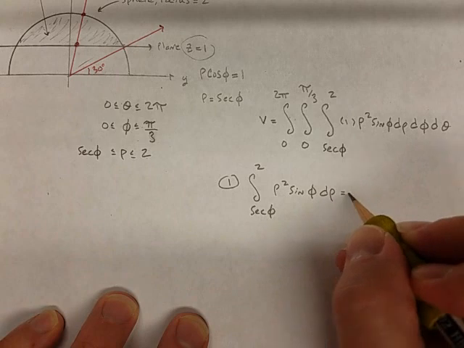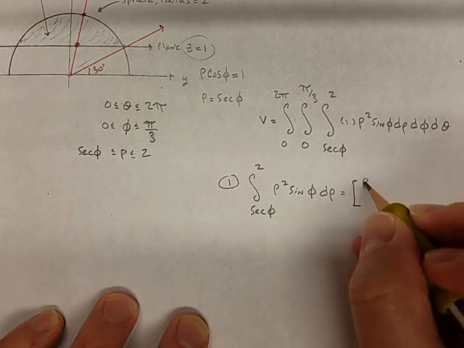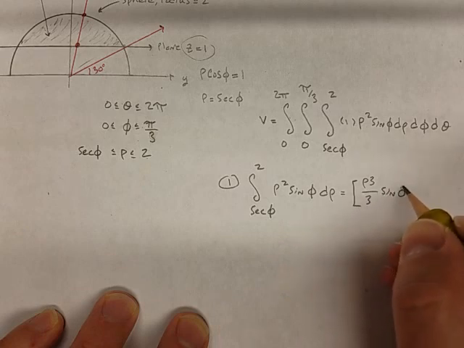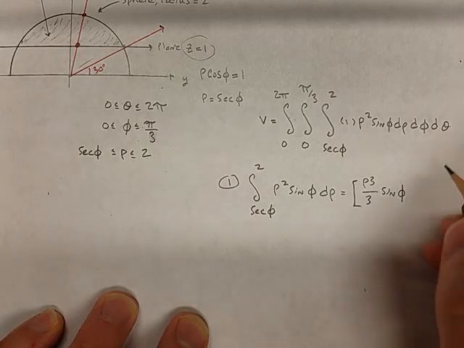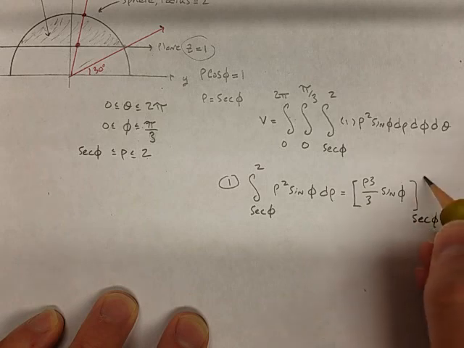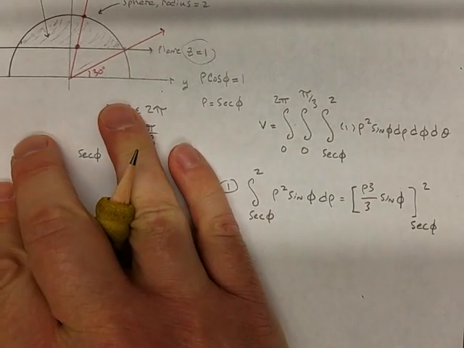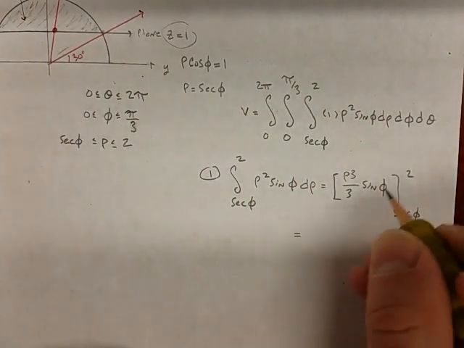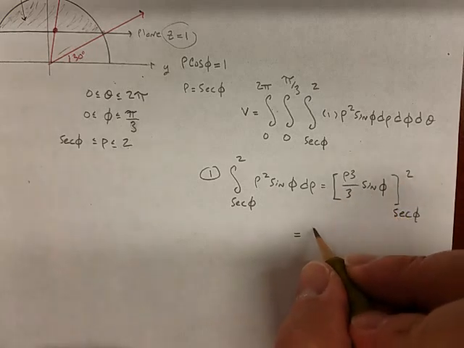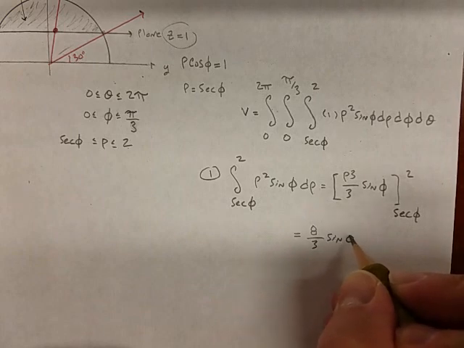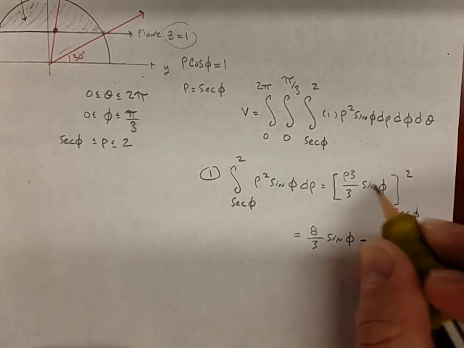So I'm just going to get rho to the 3rd power over 3, and I just carry this constant, at least for now, sine phi. Okay, I substitute for rho secant phi and 2. So I get what I think is pretty obviously 8/3 sine phi.